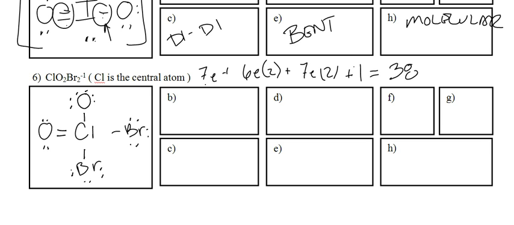Let's see, hang on, let me do my math. 12 plus 14 plus 8, so 22, 34. 34 would be a much better number of electrons. All right, that makes me feel better.